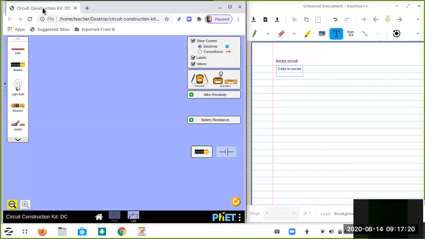Now, let us look at cells. What is going to happen to cells that are connected in series? In other words, what is going to happen to the voltage?